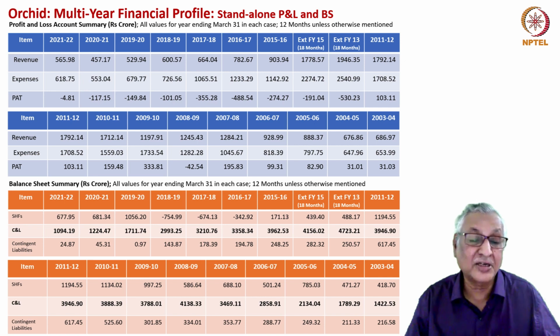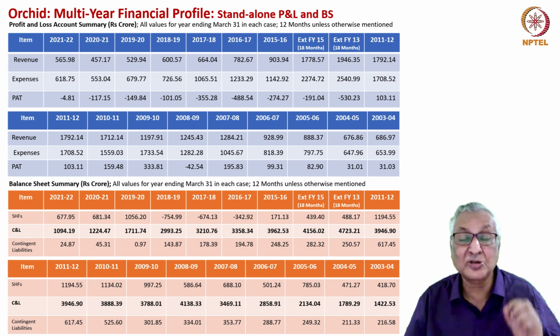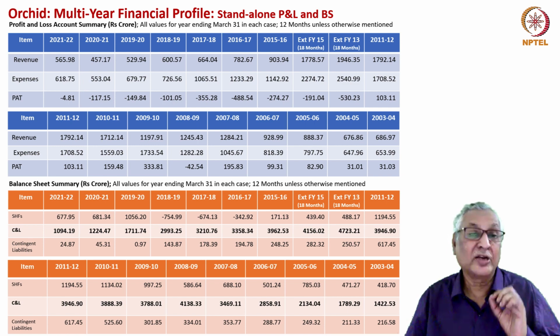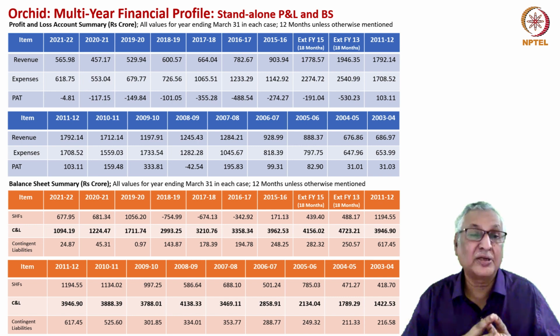Another factor is that the contingent liabilities, an off-balance sheet item, ballooned from 217 crore rupees in 2003-04 to 617.45 crore rupees in 2011-12. This has also been one of the causes for the financial stress of the company. So, an excellent business strategy and outstanding execution also got derailed by financial mismanagement, so to say, of the overall finances.